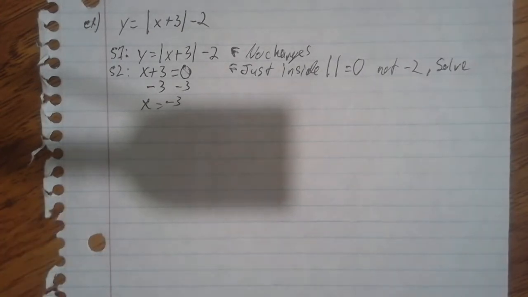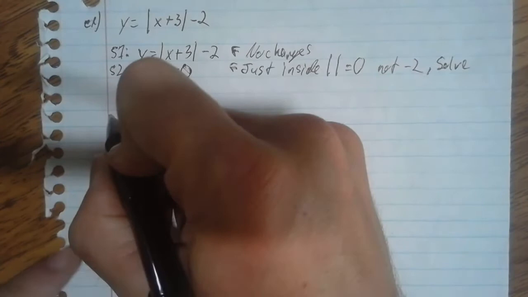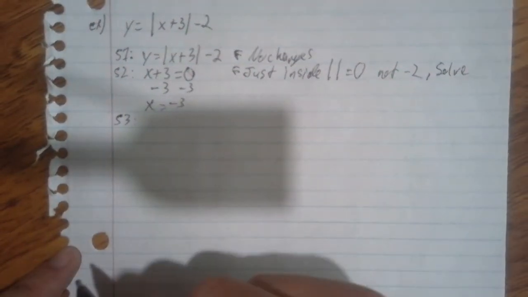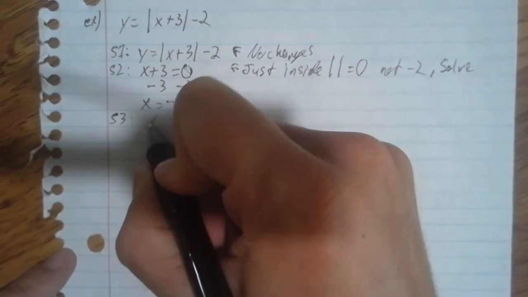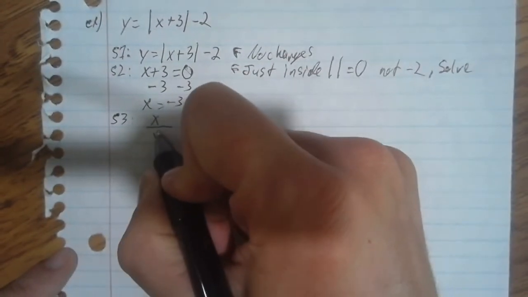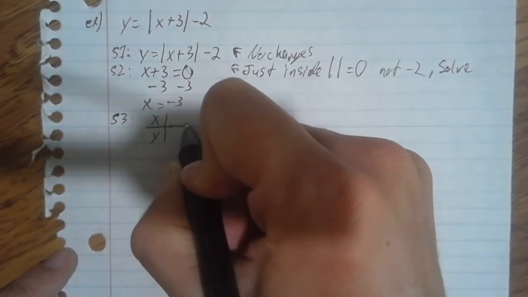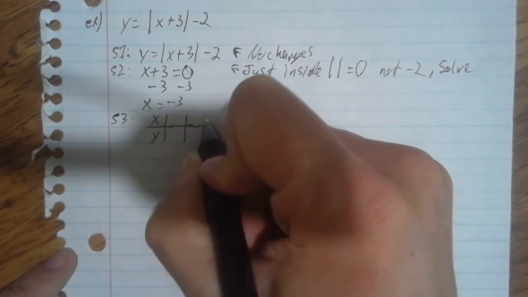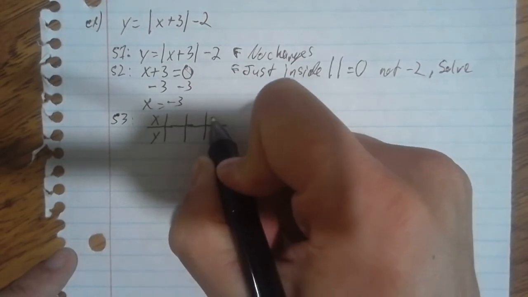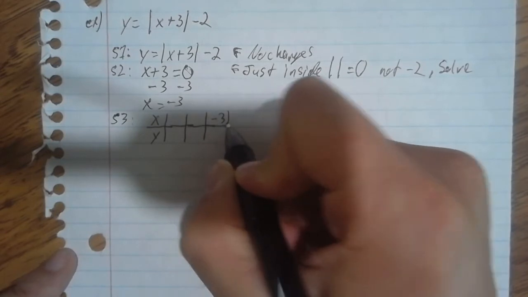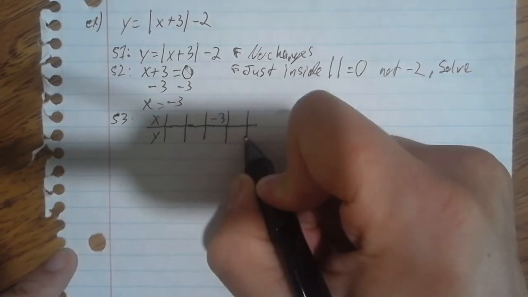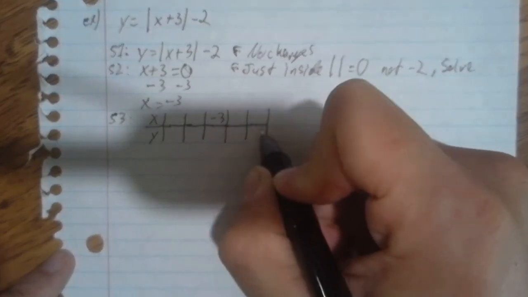All right, now that we have that, we can start making our XY chart. So step 3, we get to start making our XY chart. -3. Okay.